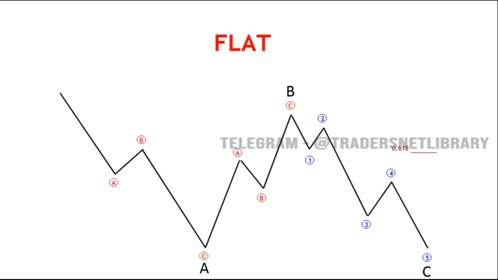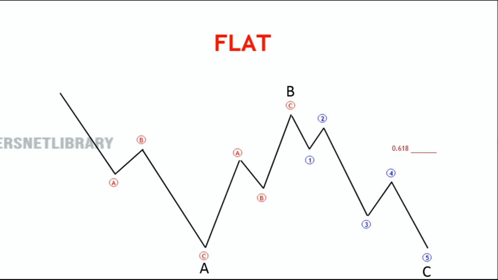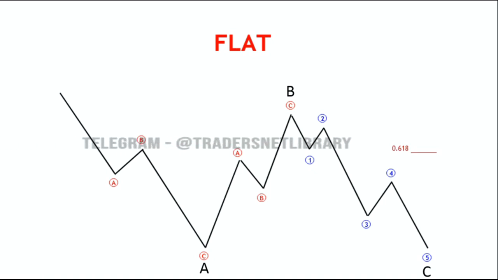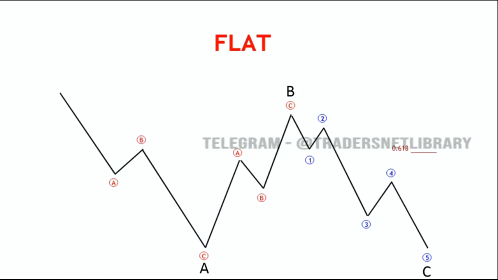Wave B has larger temporal dimensions than wave A and wave C, which means that wave B is more complex than wave A and wave C. Another important point about the flat pattern is that it has more time rotation than the first three impulse waves.